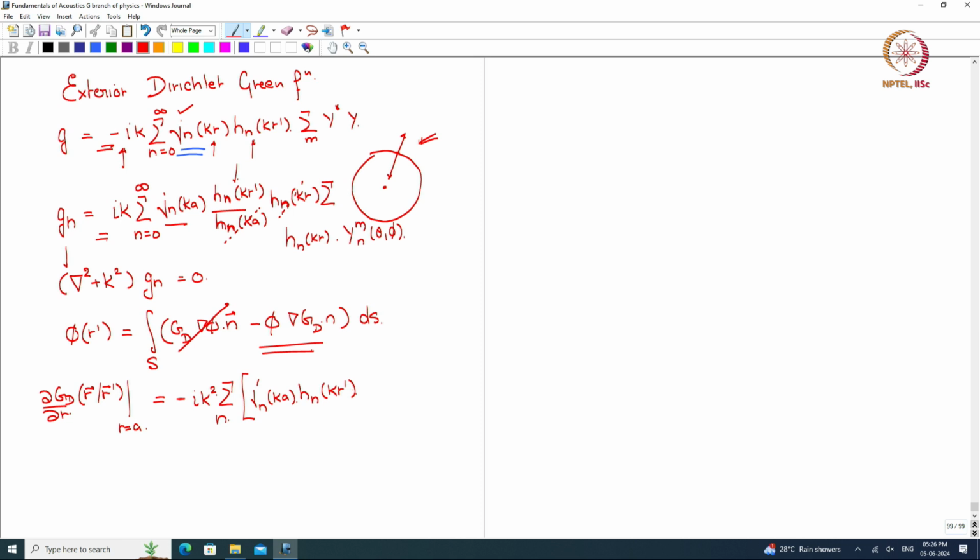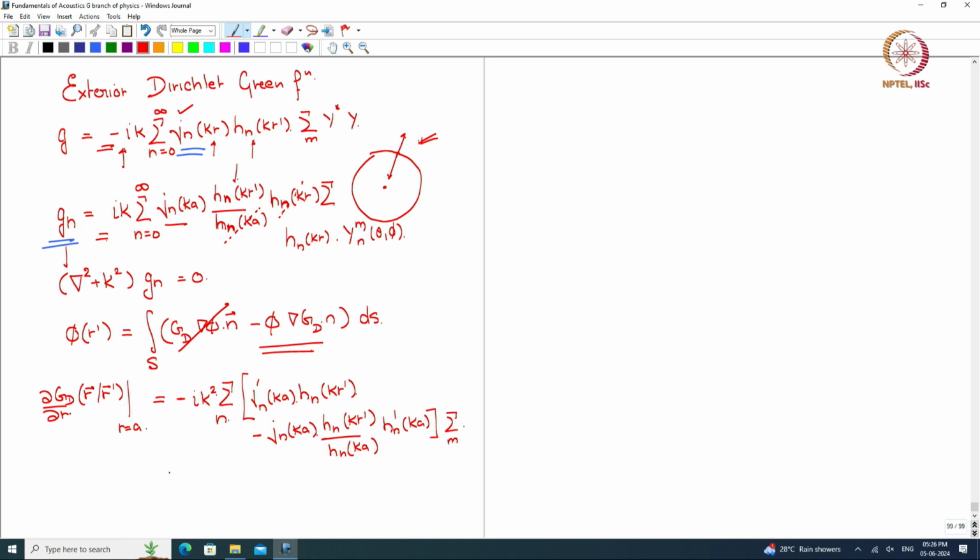Then this next G_h term comes in with a derivative, that is minus j n of k a, h n of k r dash by h n of k a into h n dash of k a, and this sum over m.